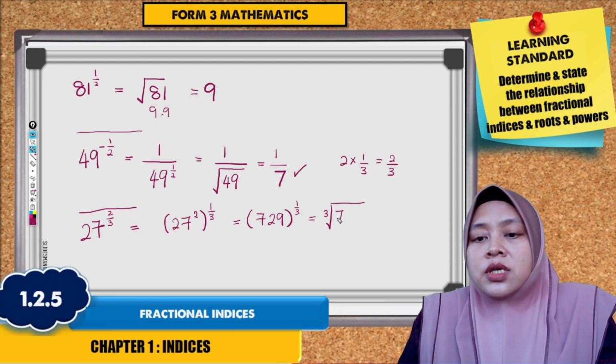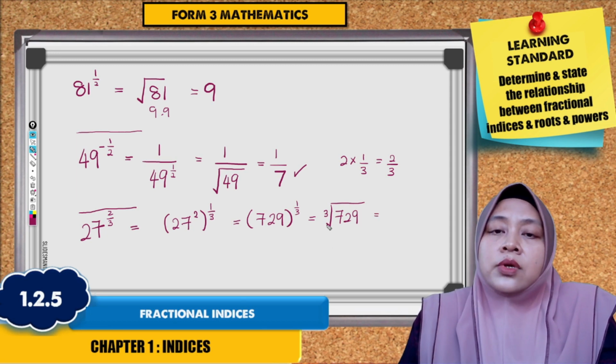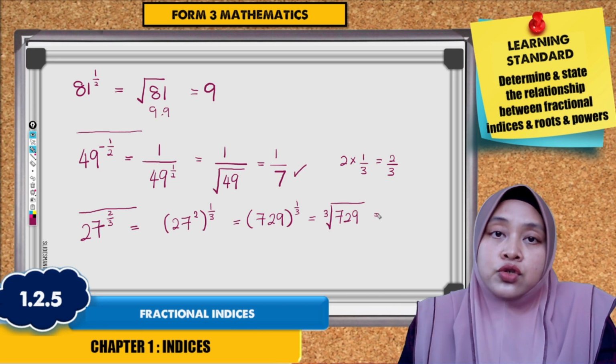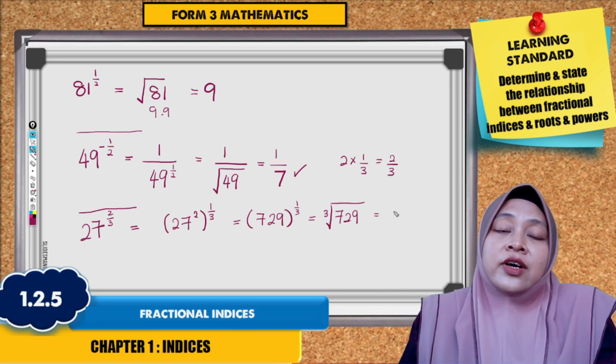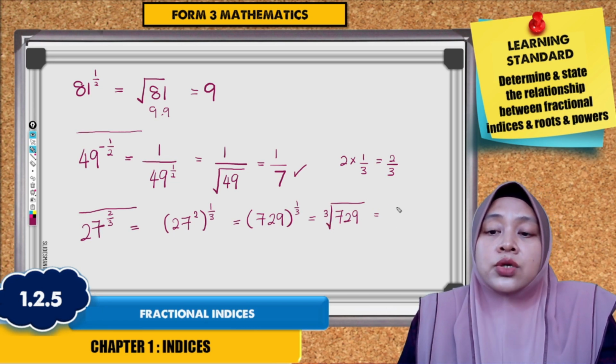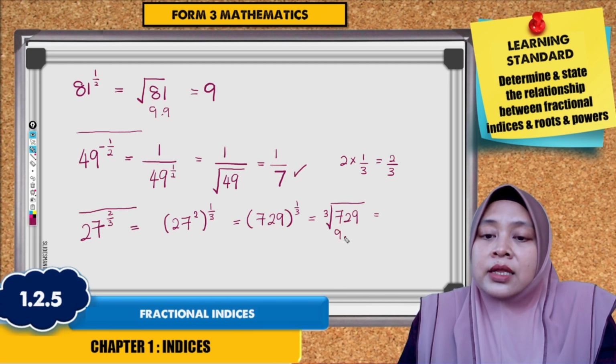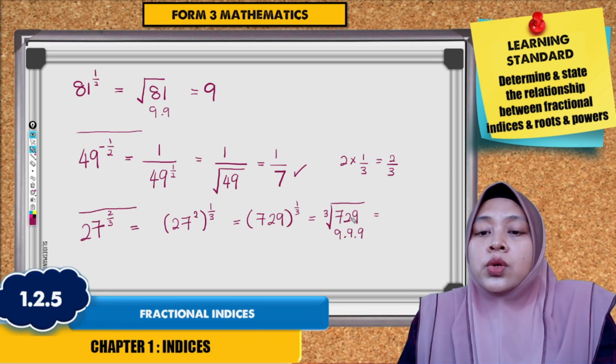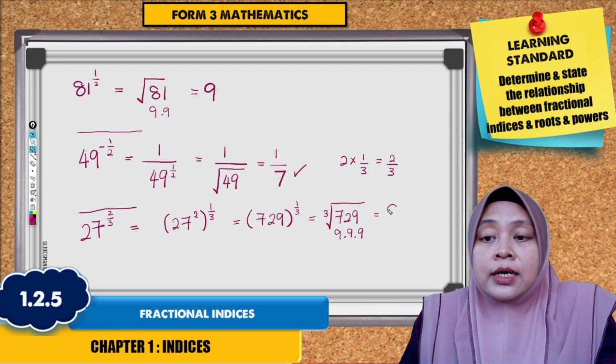So you can use a calculator, or do you remember what number multiplied 3 times gives 729? If you can memorize it, that is very good. So the answer is 9 times 9 times 9, 9 to the power of 3. So the cube root of 729 is 9.